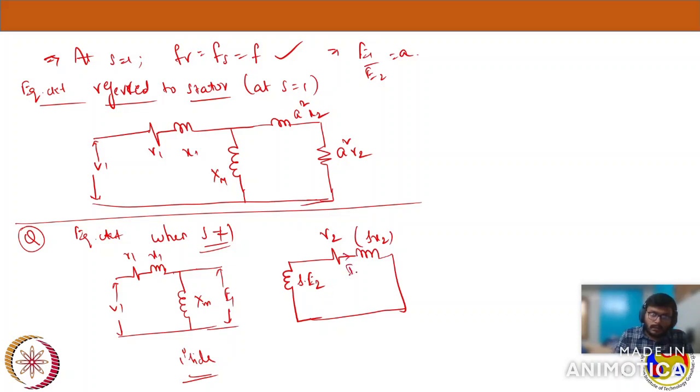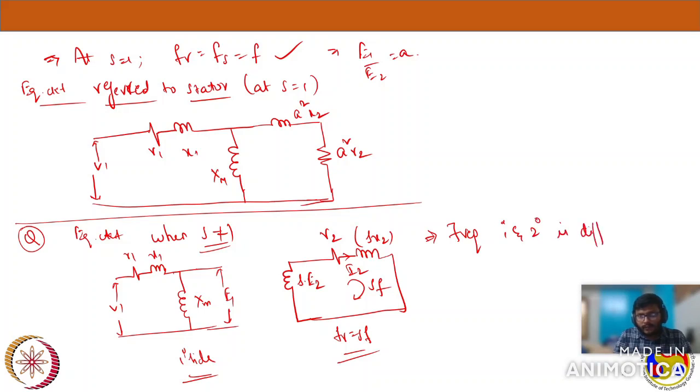Now there flows some current in the rotor, that is rotor current, and the electrical quantities in the secondary will have a frequency SF. So this is what we are seeing here. This is FR equal to SF, and now the frequency in primary and secondary is different. In primary we have a supply frequency F, in the secondary rotor circuit we have SF, the slip frequency.